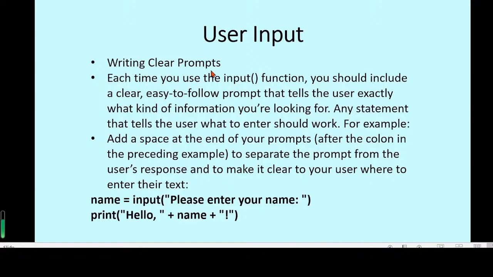So, writing clear prompts. Each time you use the input function, you should include a clear, easy-to-follow prompt that tells the user exactly what kind of information you are looking for. Any statement that tells the user where to enter their text should work. For example, add a space at the end of your prompt after the colon in the preceding example to separate the prompt from the user's response and to make it clear to your user where to enter their text.